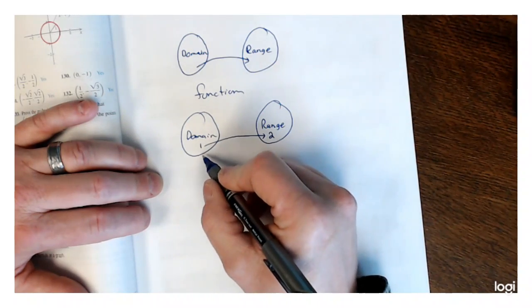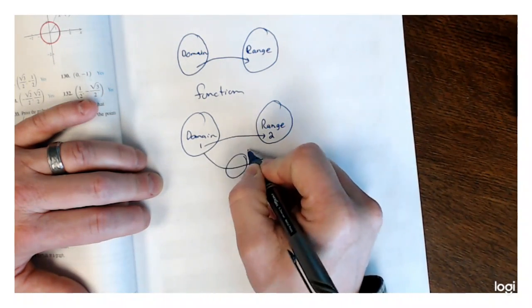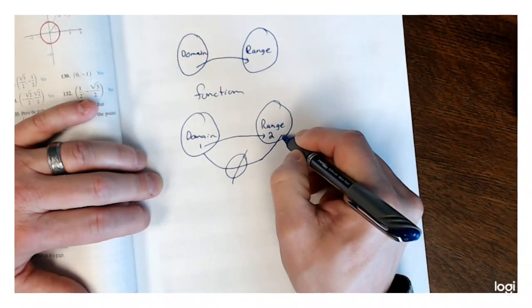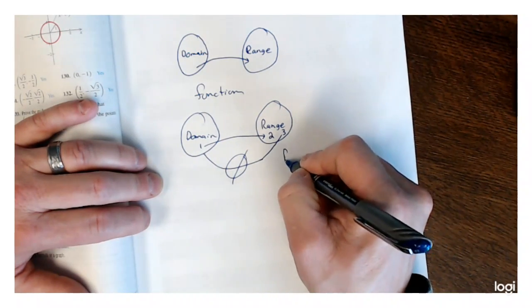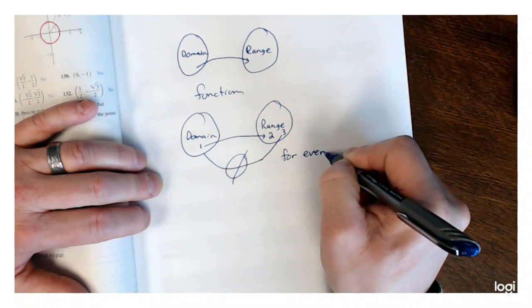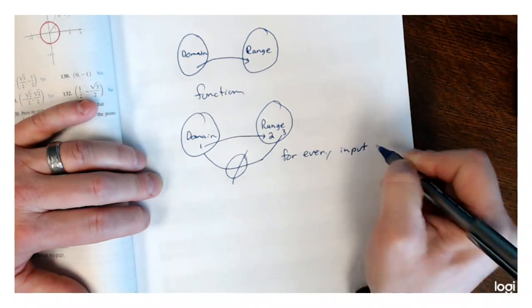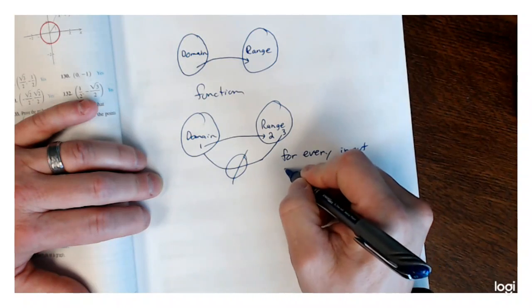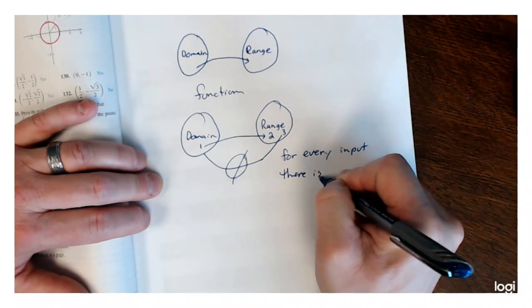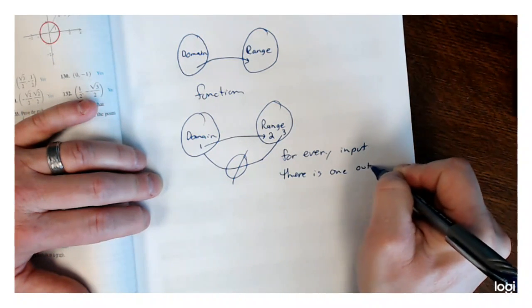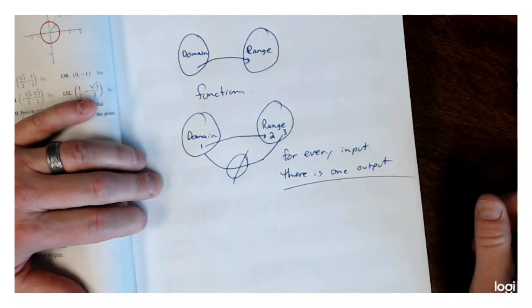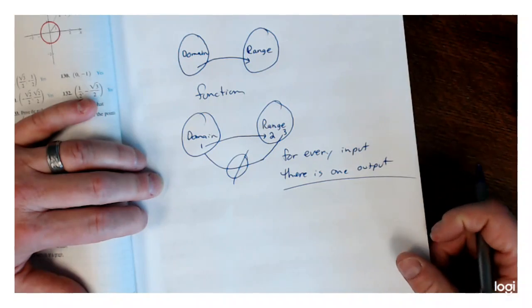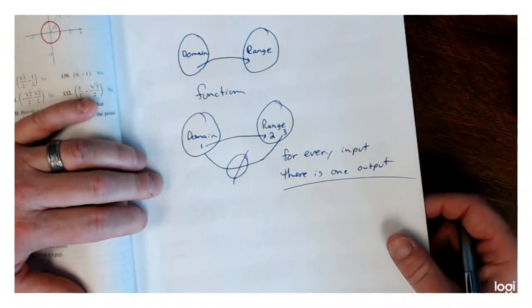It does not, and this is the big does not, map to two numbers. In other words, for every input, there's one output. And that's pretty much the layman's definition for what a function is.